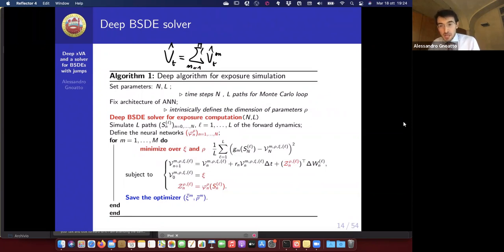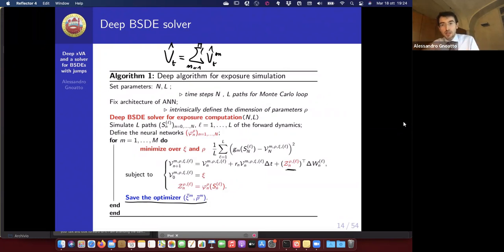This gives me the hedging strategy of each European contingent claim, which is parameterized by the neural networks. And we save the optimizer, so that we will be able at a later point in time to perform a simulation.